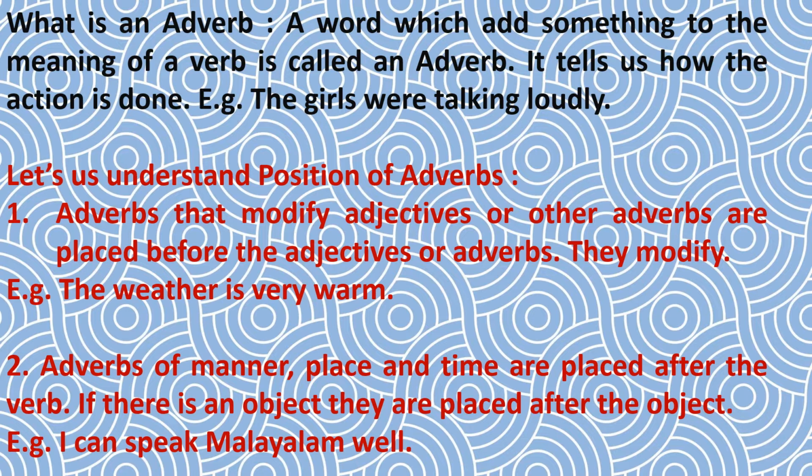For example: I can speak Malayalam well. Here I is the subject, can speak is the verb, and what can I speak? Malayalam. Malayalam is the object, and after the object we place the adverb well. How well I can speak Malayalam, the manner. We are showing an adverb of manner here.